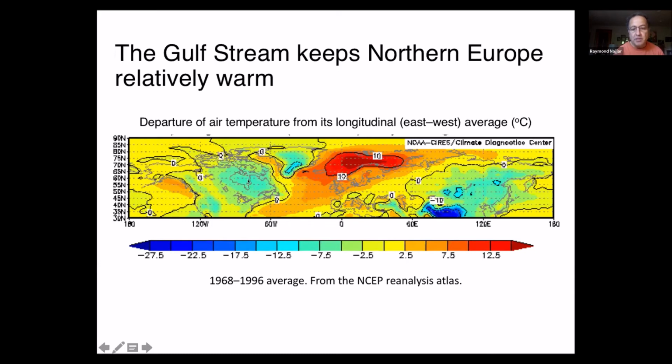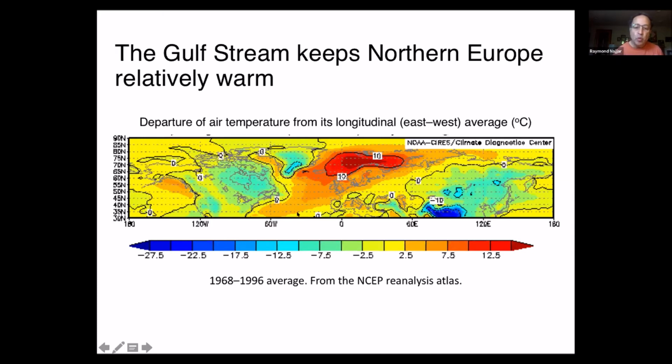This is the Northern Hemisphere. Here's North America, here's Europe, this is the Atlantic Ocean. And you can see here, just east of Greenland, the temperature of the air is like 10 or 12 degrees Celsius warmer than average for that latitude.